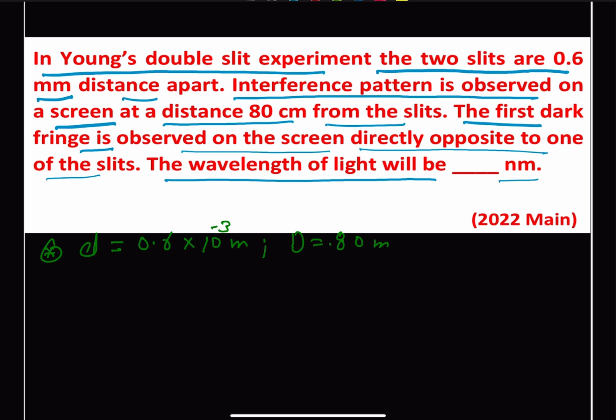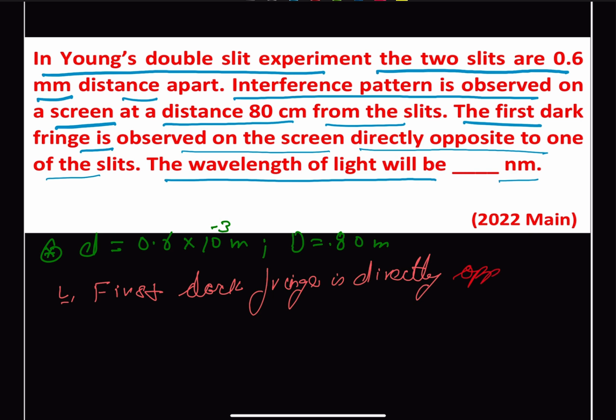And the important part is that the first dark fringe is observed directly opposite to one of the slits.